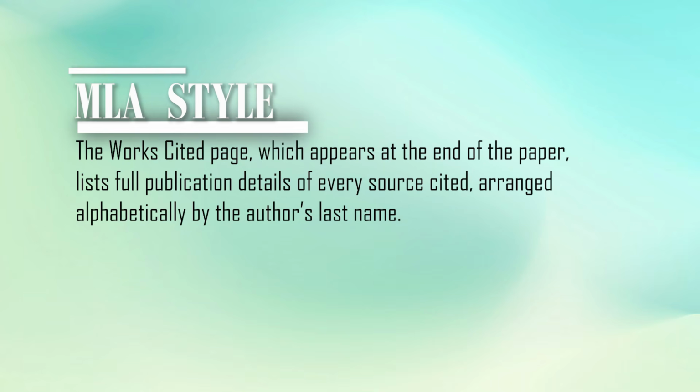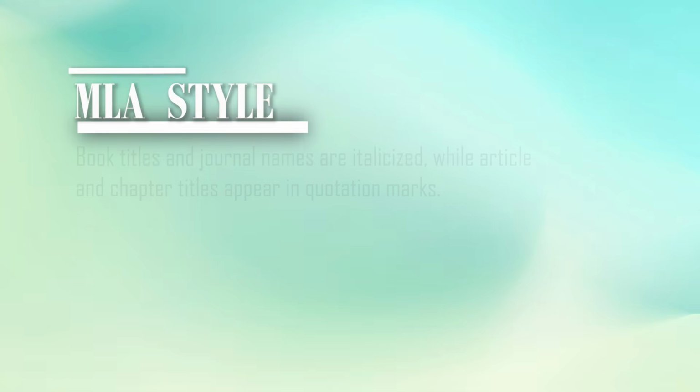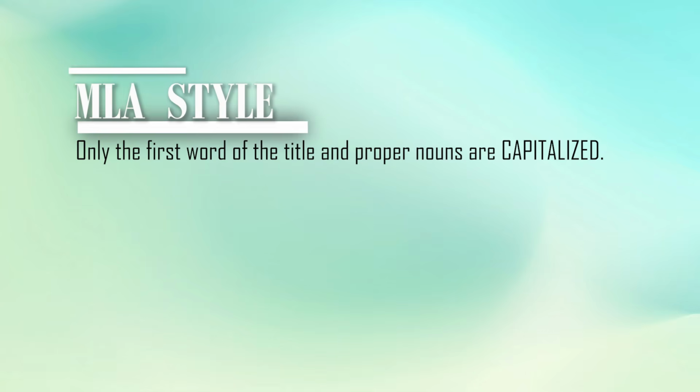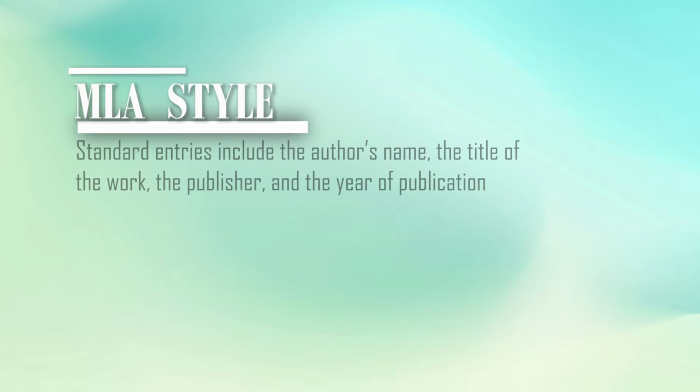It is arranged alphabetically by the author's last name. Book titles and journal names are italicized, while article and chapter titles appear in quotation marks. Only the first word of the title and the proper nouns are capitalized. Standard entries include the author's name, title of the work, publisher, and the year of publication.